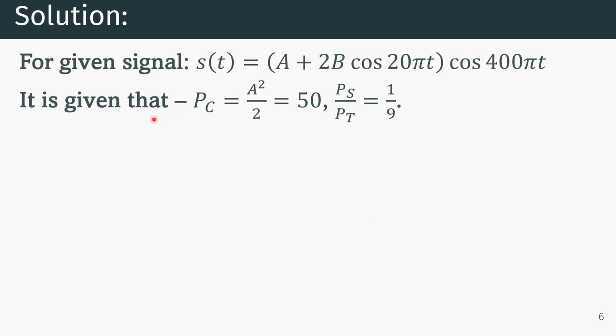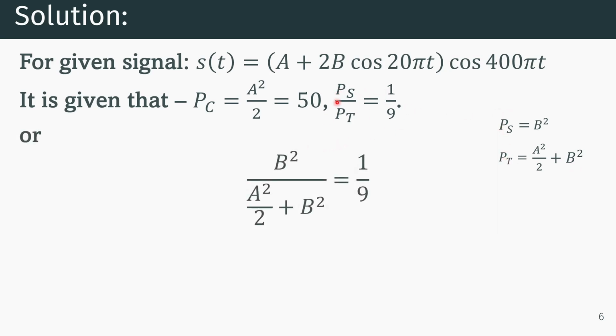And what about the problem? The problem statement says that the carrier power is 50 watts, which we know is equal to A²/2, and also the ratio of sideband power to the total power is 1/9. We got P_s to be B², and the total power P_T is A²/2 + B². So let us substitute these two terms.